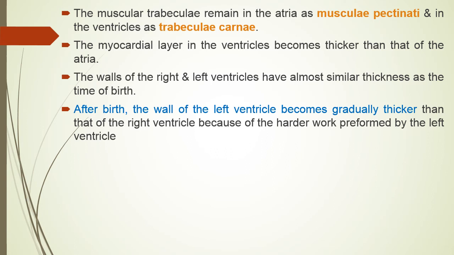In the beginning, both ventricles have similar thickness, but after birth the left ventricle gradually becomes thicker because it has to work harder and push blood into the aorta against resistance. That is after birth. Before birth, the walls of the left and right ventricles have almost similar thickness.